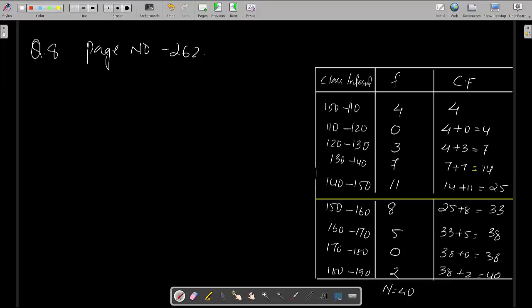All right. So how do we calculate Q1? You first have to find the quartile class here as well. For Q1, the size of n by 4 item.